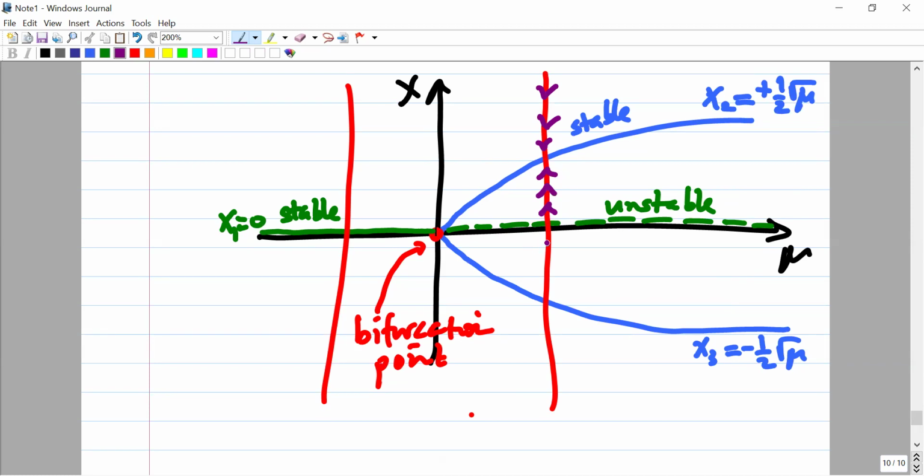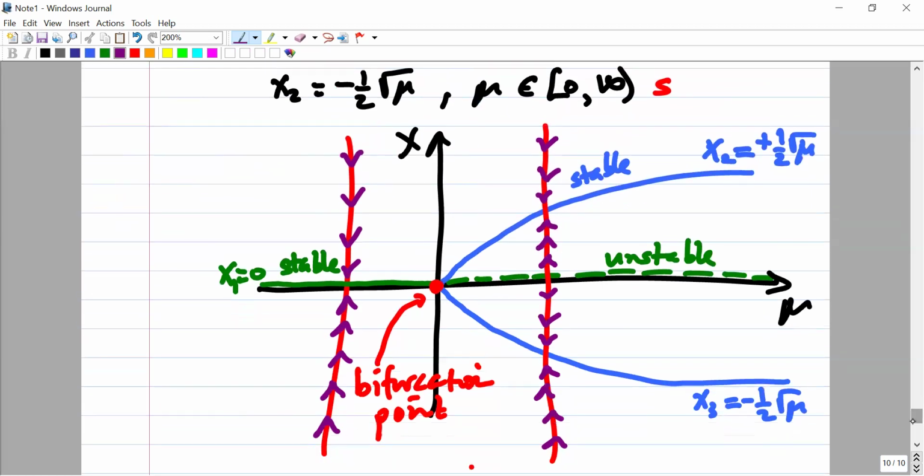If you also start solutions here, they are repelled by x1 and attracted to x3. You start solutions here, they are attracted to x3. And in this space here, if you start solutions, they will always go to x1. And if you start solutions from below here, they will always go to x1.